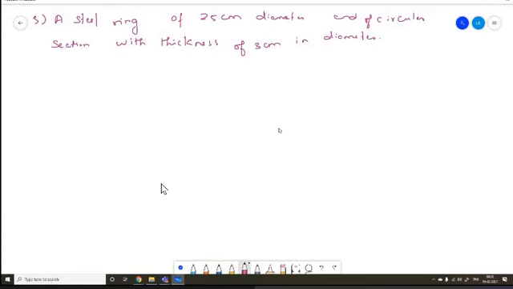So this is the diameter of the ring, and this is the diameter of the circular cross section.